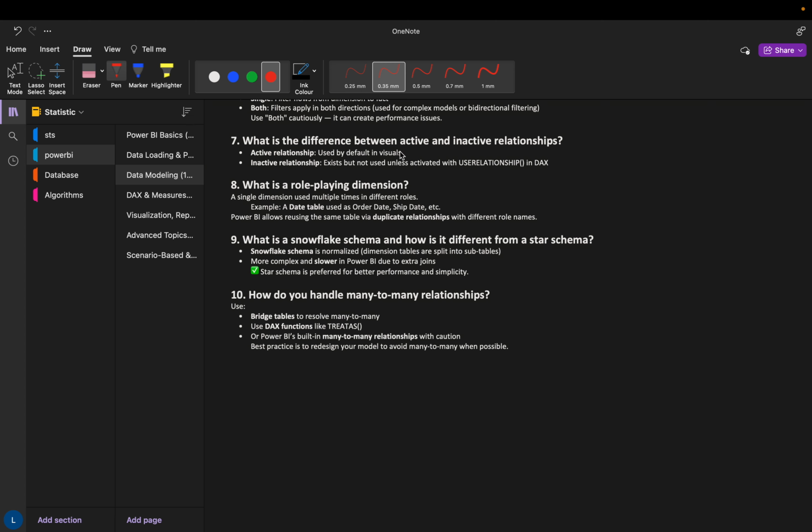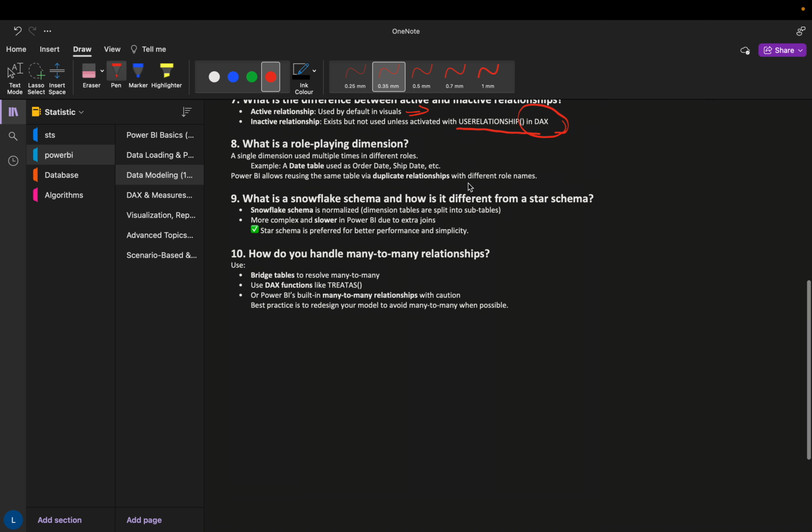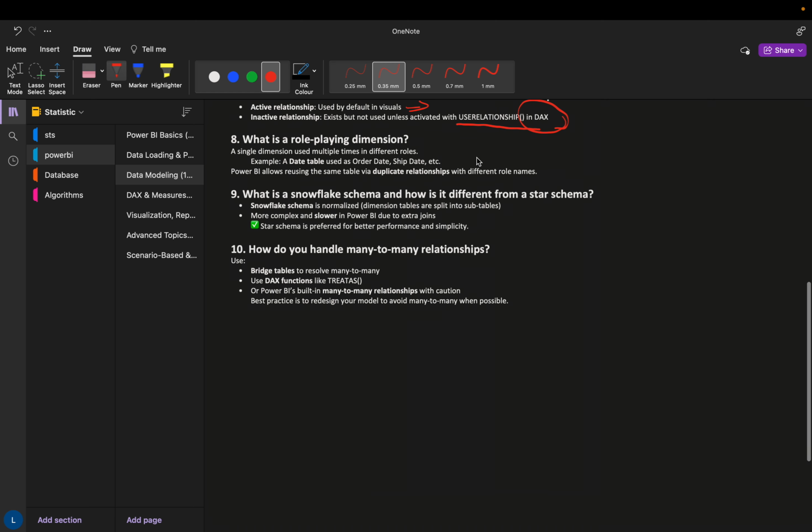An inactive relationship exists but is not used unless activated with the USERELATIONSHIP DAX function.